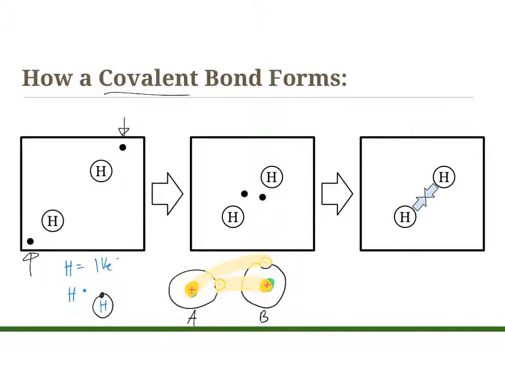Now, the thing that you need to remember about covalent bonds is that they only occur between nonmetals and nonmetals. You will not find a metal participating in a covalent bond.